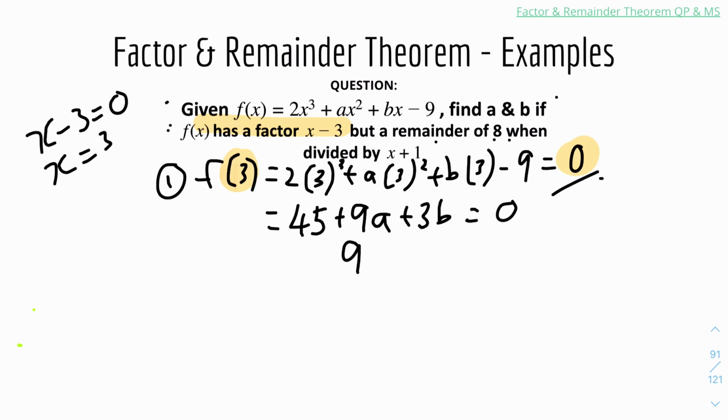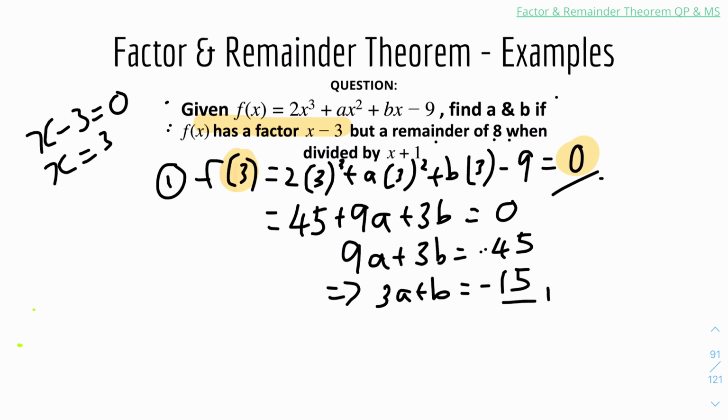And if you simplify, it will be 9a plus 3b equals minus 45. And therefore, 3a plus b equals minus 15. That's number 1.